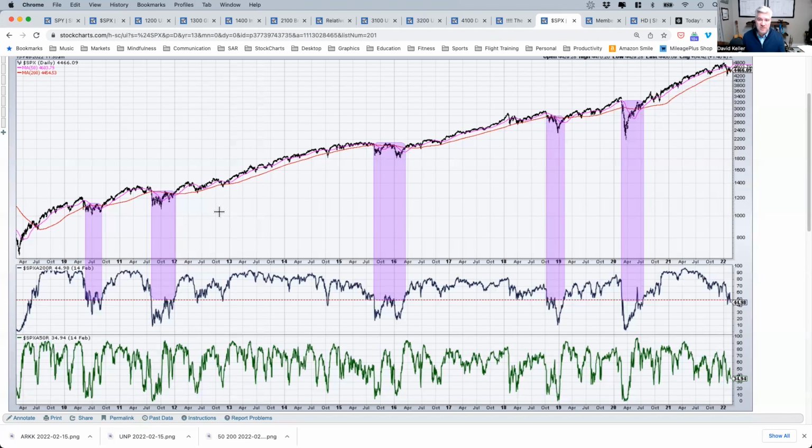And it was not just in terms of price, even though we made lower lows after that signal in every one of these situations. So to be clear, we first went below 50%, and then later we actually made a new price low, which is interesting to think about right now as we're dipping below 50% yet again. But also look how much time it took for the bull market phase to be regained.